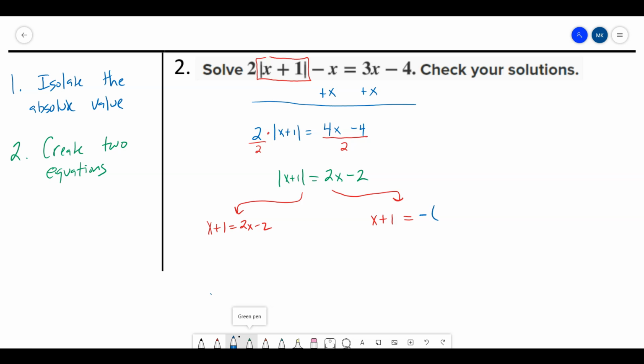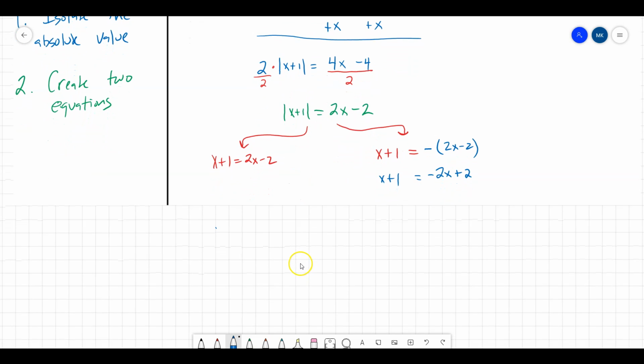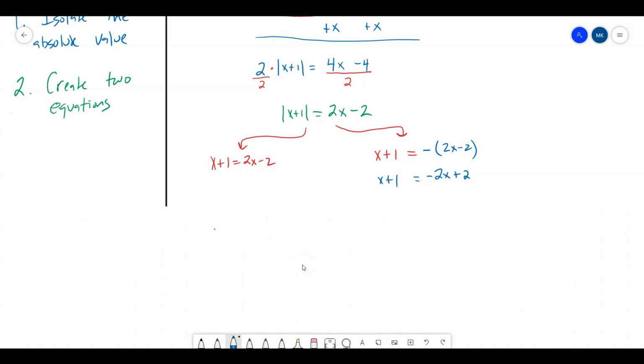So I'm going to take the opposite of 2x minus 2. Essentially what that's doing is just changing the signs. So on that right hand side we're going to get negative 2x plus 2. So now we're going to have 2 equations, and then we're just going to solve those equations.